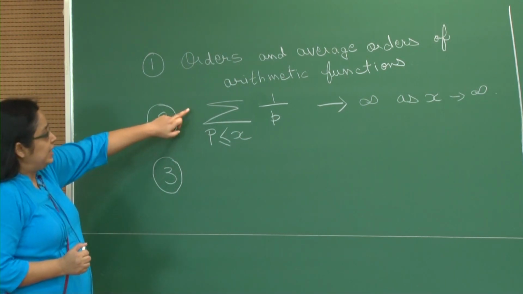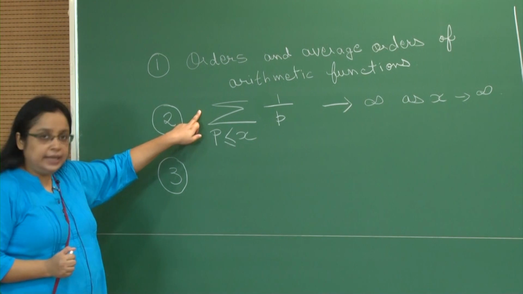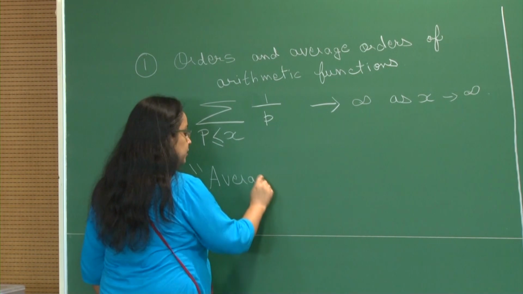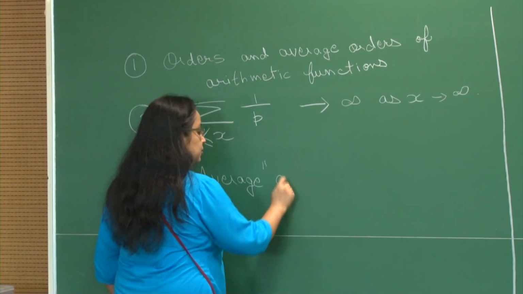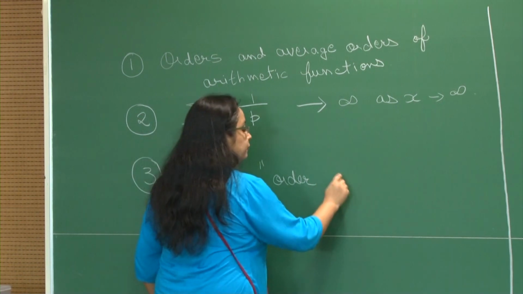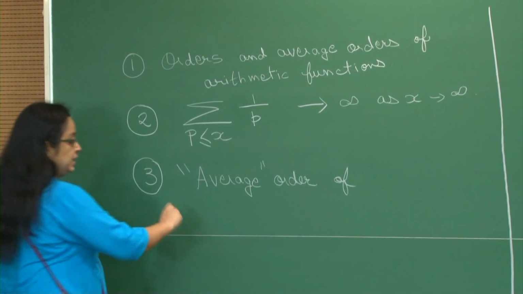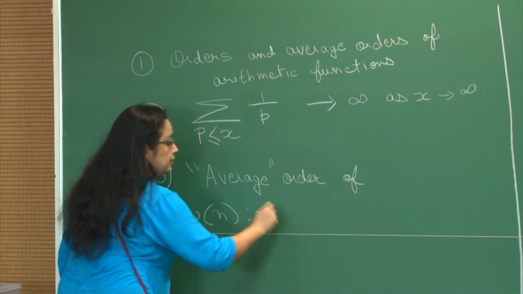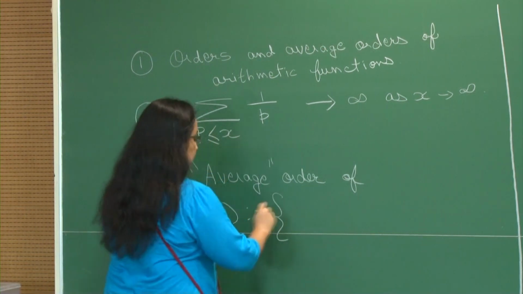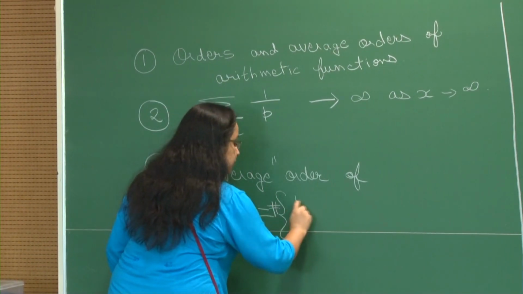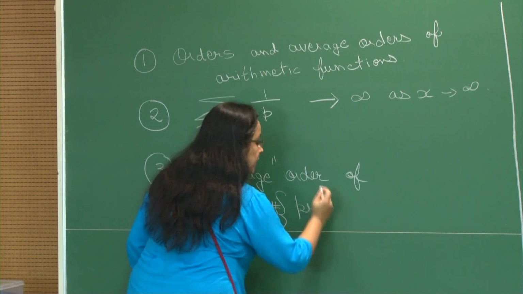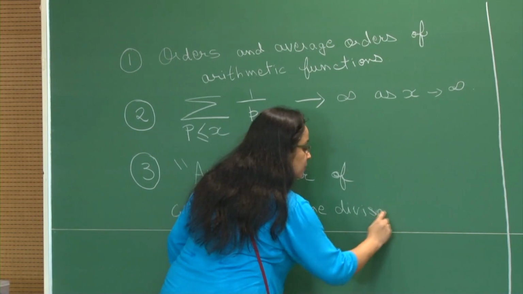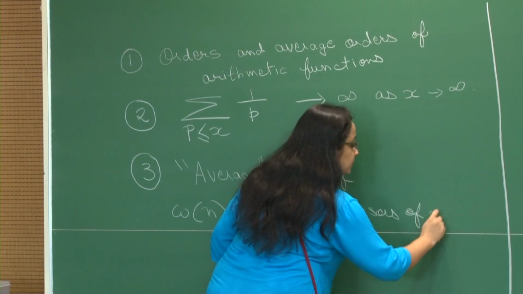And finally, we are going to apply this identity today to study the average order of a very interesting arithmetic function, namely omega n, which is the number of distinct prime divisors of n.